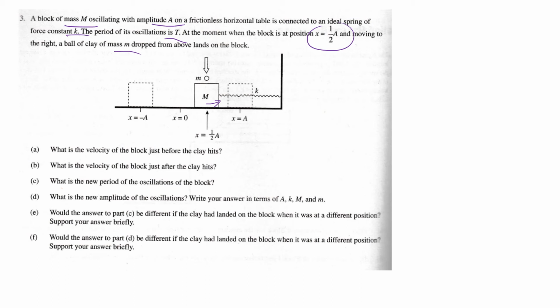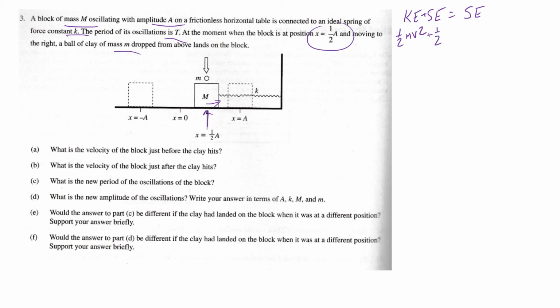Well, we're going to have conservation of energy. At this position right here, we have kinetic energy, and we also have spring energy. Now that's going to add up to the overall spring energy, which we are most familiar with. So kinetic energy is going to be 1/2 mv squared. And we're going to be solving for that v. That's what we're looking for. And this is going to be added to 1/2 kx squared.